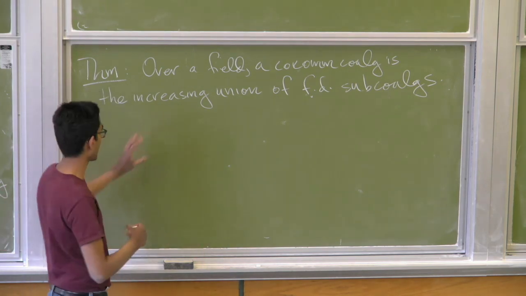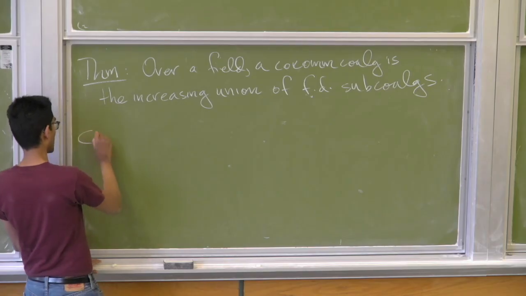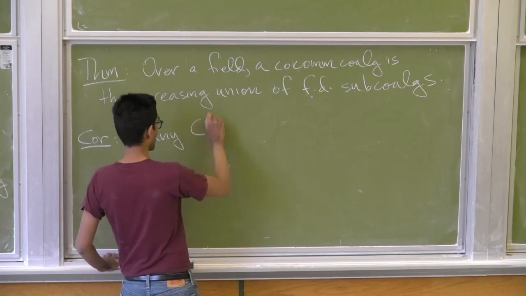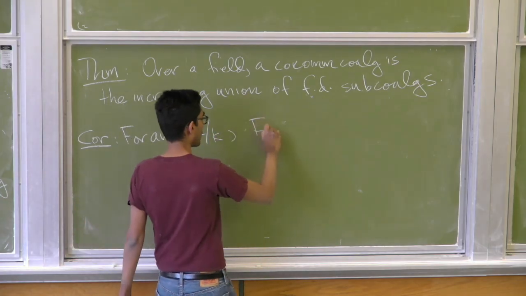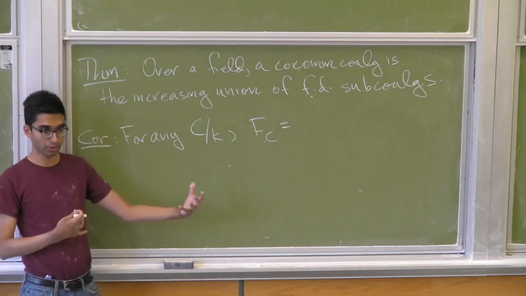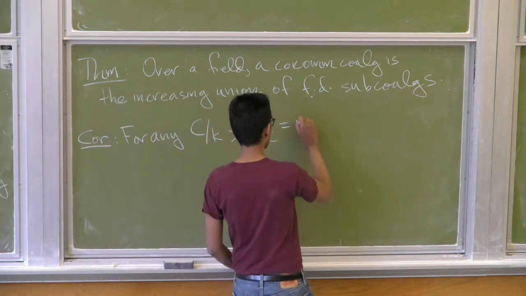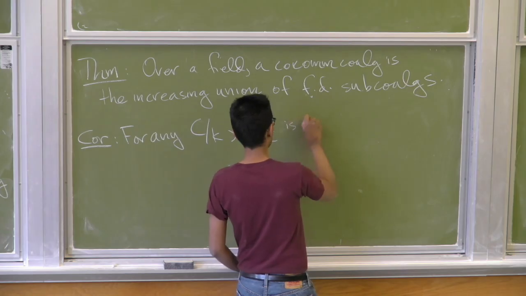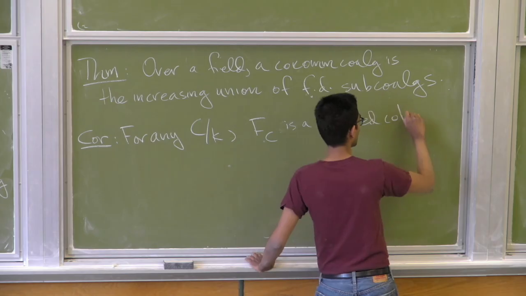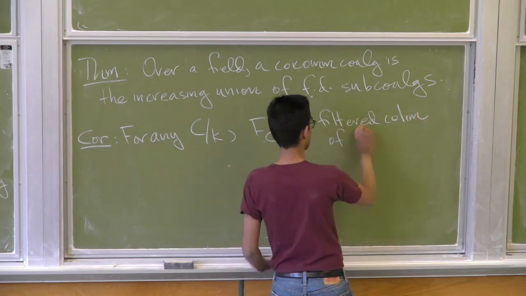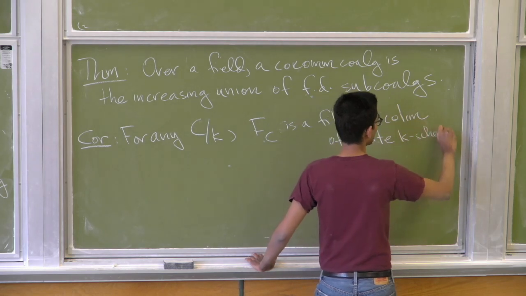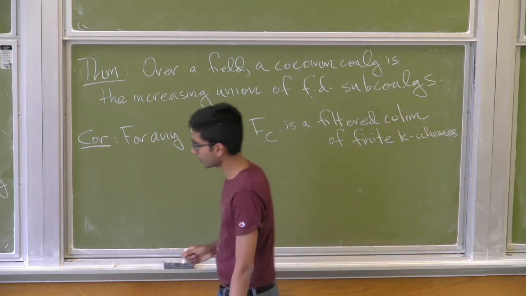So the corollary is that for any coalgebra C over K, which again is a field, F sub C as a functor is an ind-scheme, a filtered colimit of finite schemes.